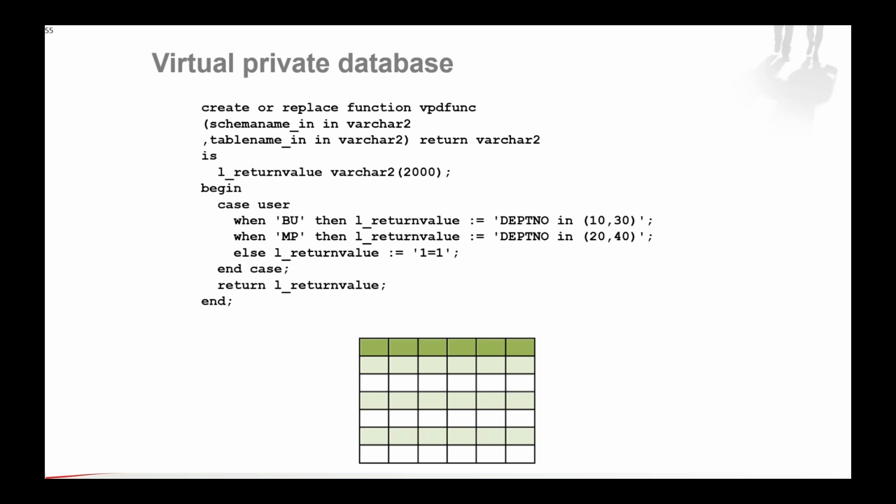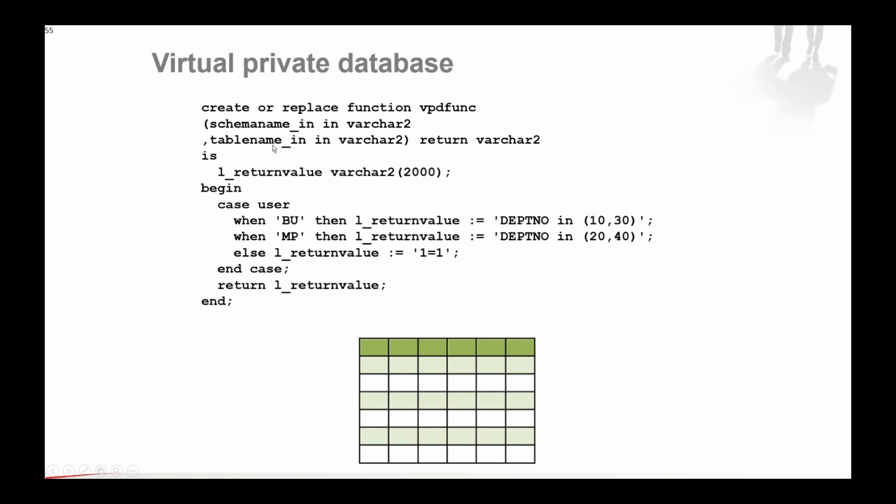What we do is we create a function that will return an extra predicate which gets added to the query executed. The function has to have these two parameters. They don't have to have these names, but they have to be two varchars, and the first one Oracle sends in is the schema name, and the second one the table name.